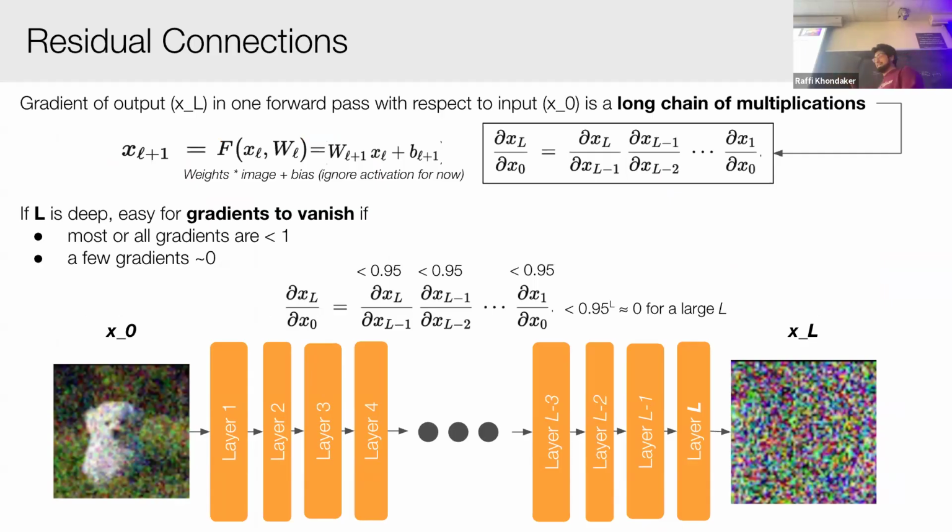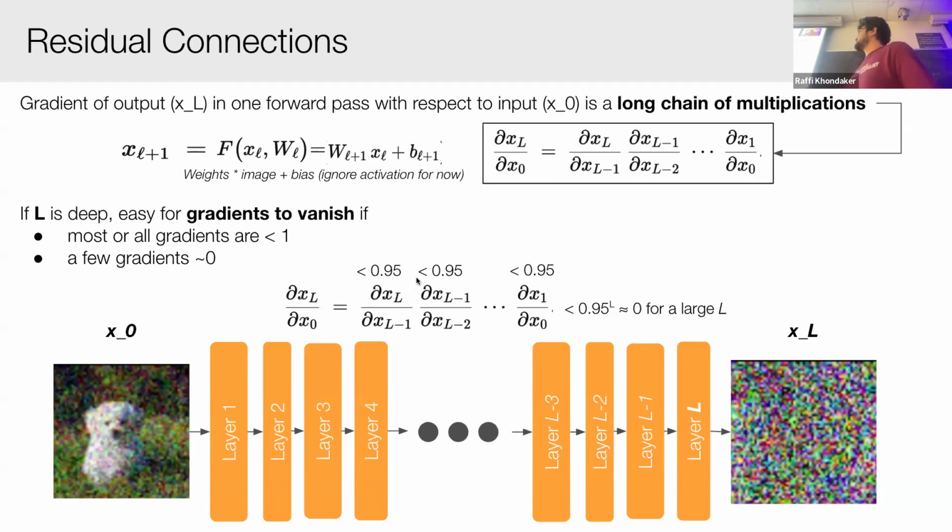So when we're doing backpropagation, at some point we will have to calculate the gradient of our output with respect to the input, when we apply the chain rule through the whole network. You can imagine that a lot of diffusion models, especially in new architectures, are very deep. So we run the risk, if you remember normalization, that we want our outputs and therefore gradients to be not too big or too small.